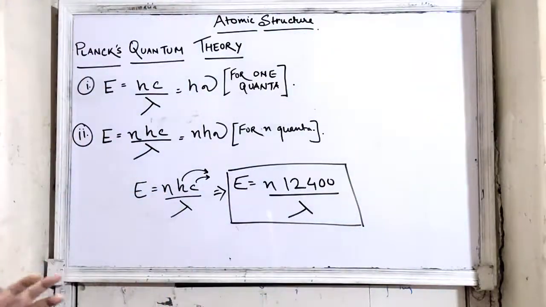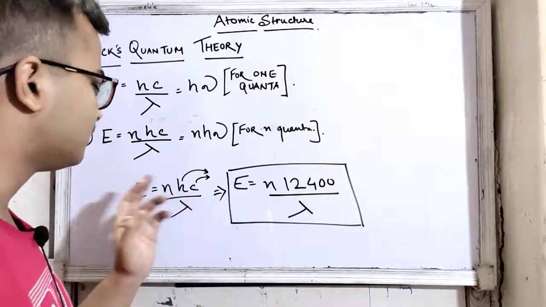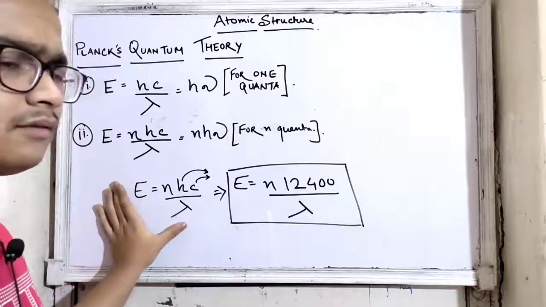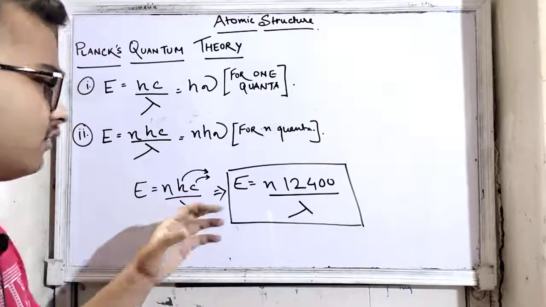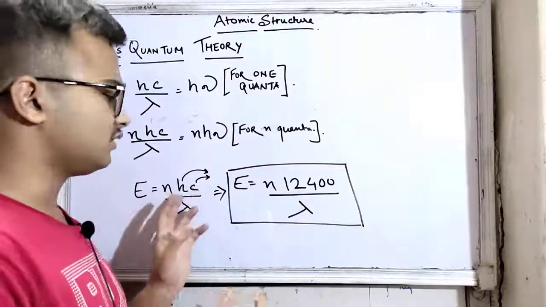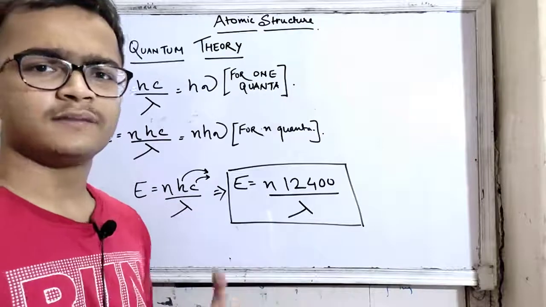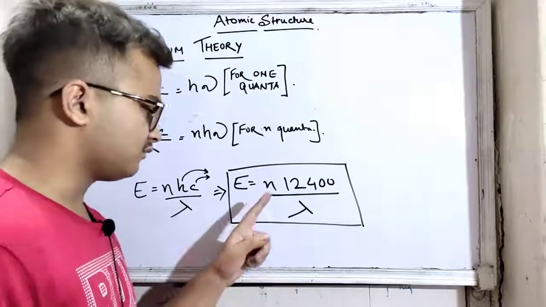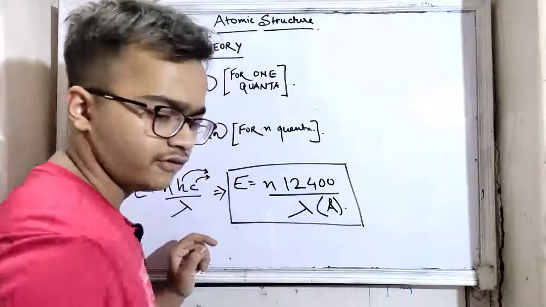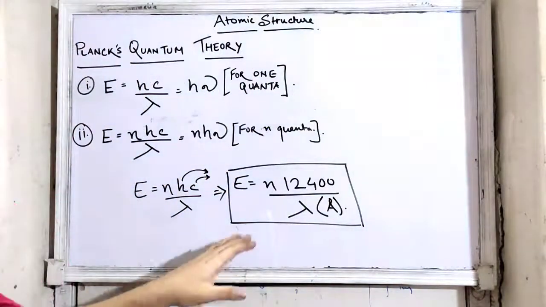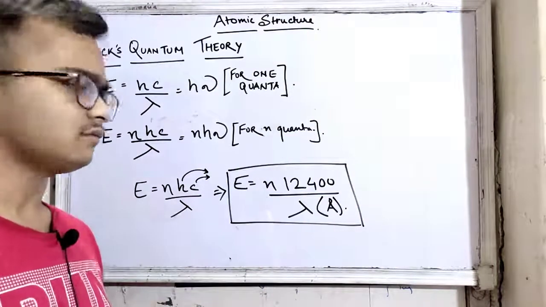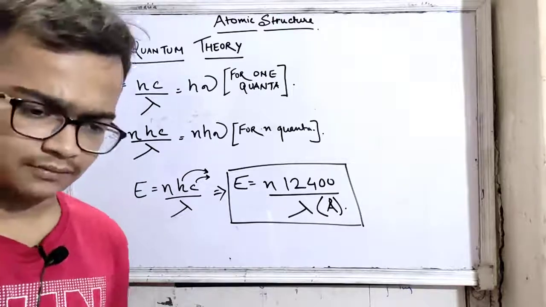For your convenience, if you remember the value of h or c, you can easily solve the problem. But for reference, it is better to remember this 12400, because it will simplify your calculations. And here you have to remember that lambda should be in angstroms. So this is E equal to 12400 into n by lambda. n is the number of quanta.